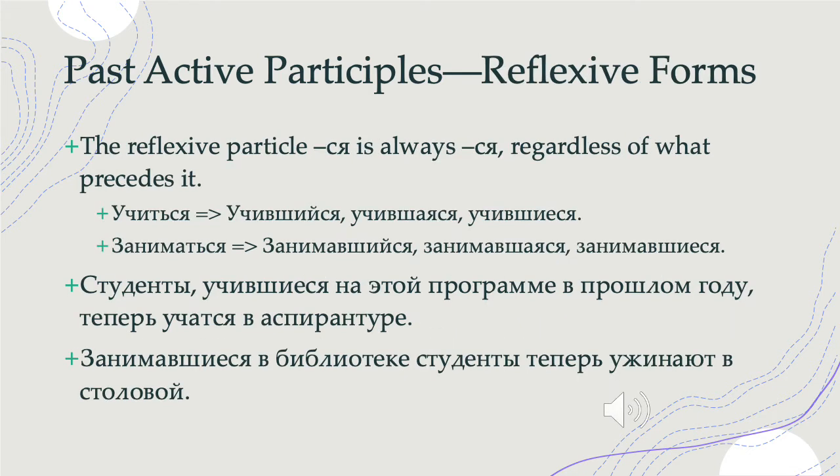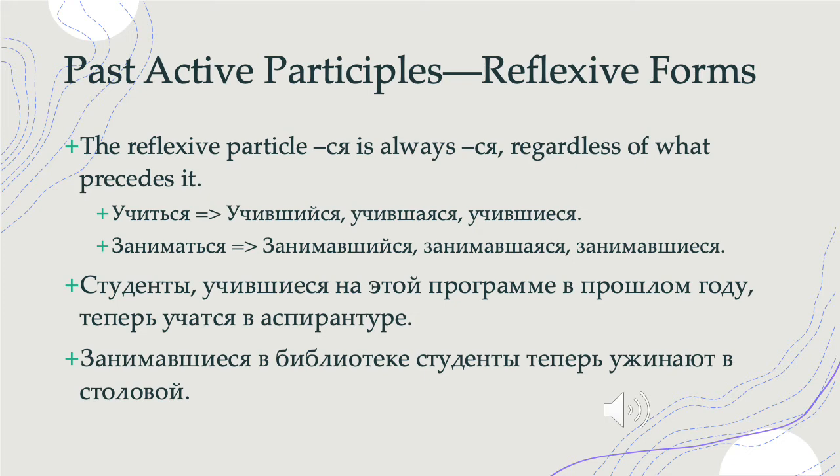Past active participles can also be formed from reflexive verbs, just like they can be from unreflexive verbs. And in this case, as in the case of present active participles, the reflexive particle sia is always going to be sia, regardless of whether it's preceded by a consonant or a vowel.